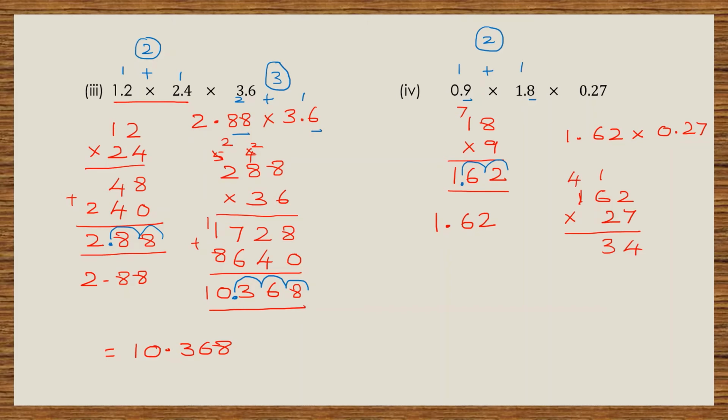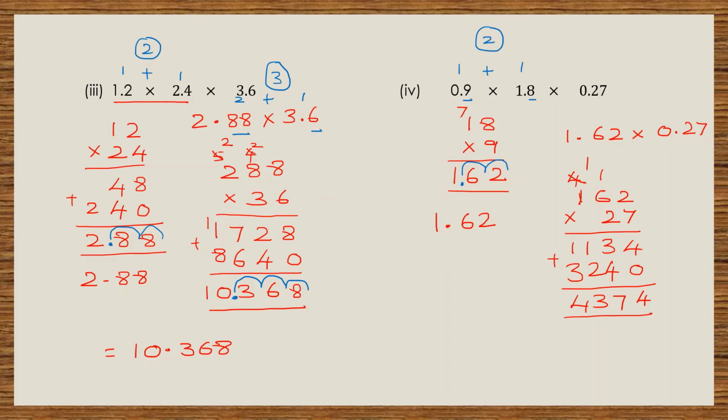Carry 4. 7 1s are 7 plus 4, 11. Second step. 2 2s are 4. 2 6s are 12, carry 1. 2 1s are 2 plus 1, 3. Add it up. 4. 3 plus 4 is 7. 1 plus 2 is 3. And 1 plus 3 is 4.